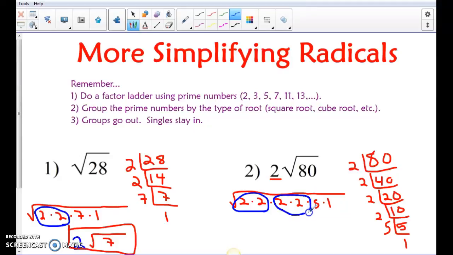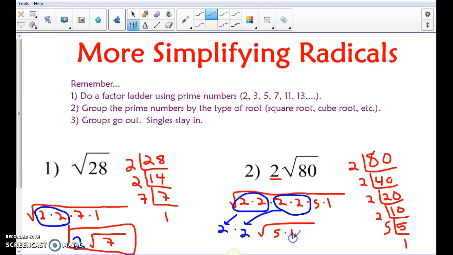And when I say groups of 2, I don't mean necessarily 2 2's, just 2 numbers that are the same. So if there was a pair of 5's or a pair of 3's, anytime you have a pair of the same number, you would circle those. So now, for each pair that I circled, I'm going to write it outside once. So here I'm going to write those pair of 2's once. And then this one I'm going to write once. And then underneath the radical, we're going to have that leftover 5 and 1. They don't have any pairs to go with them.